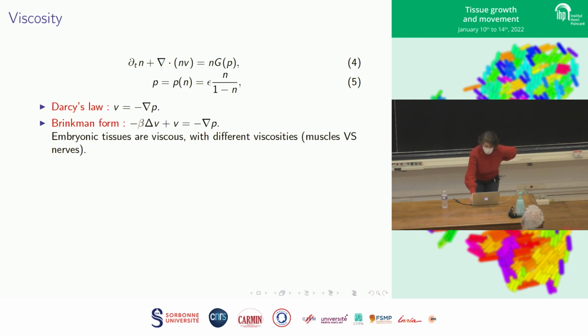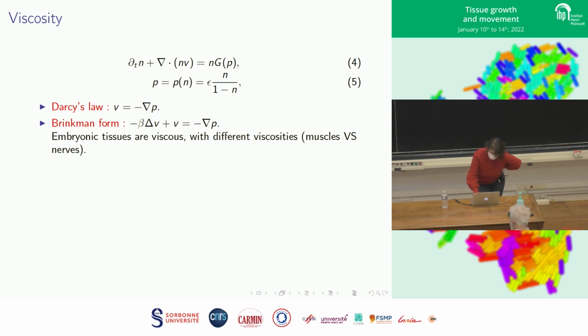So you can imagine, for example, the neural tube will form the nerves, the PSM will form the muscles, so you can imagine they don't have the same texture intuitively. So it seems very important to take into account viscosity, also to be able to take into account the fact that they have different viscosities.